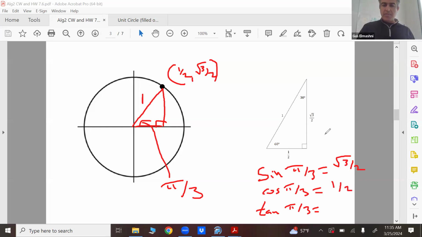The tangent is just going to be root 3. Right? Sine is the y coordinate, cosine is the x coordinate, and tangent is y over x, which is root 3. Questions? No?